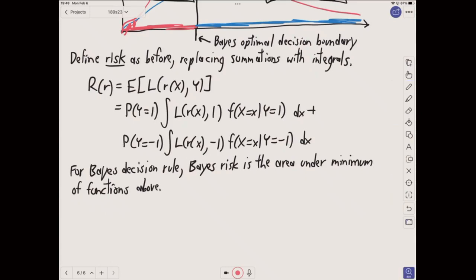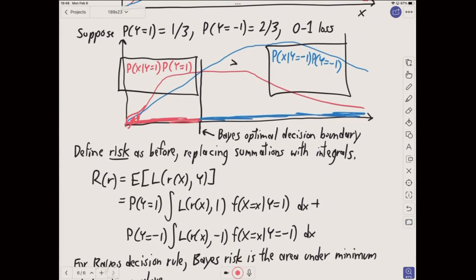So what do I mean by that? Well, if someone gives you a test point in this region here, we're going to classify that as cancer. And if we're wrong, the penalty we pay is essentially the integral underneath the blue curve, because that's the probability that we're wrong integrated over all of the different people who we might be tested on.